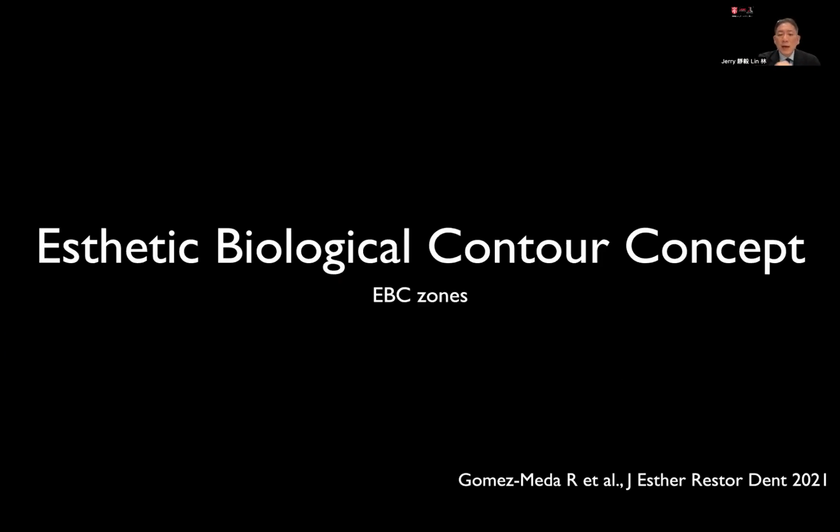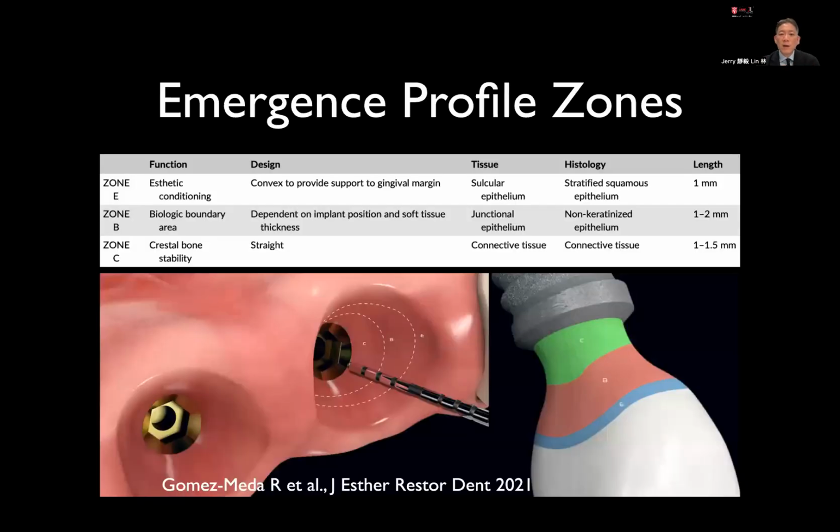So the other concept is about the EBC zones, the aesthetic biological contour concept for the emergence profile. I won't spend much time on this because it is all related to how to build up the emergence profile. In general, we need a certain dimension of soft tissue for peri-implant bone stability, and that dimension is considered to be between 1 to 1.5 millimeters for crestal bone stability.